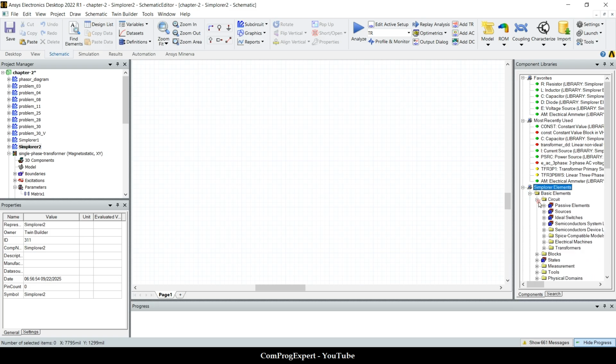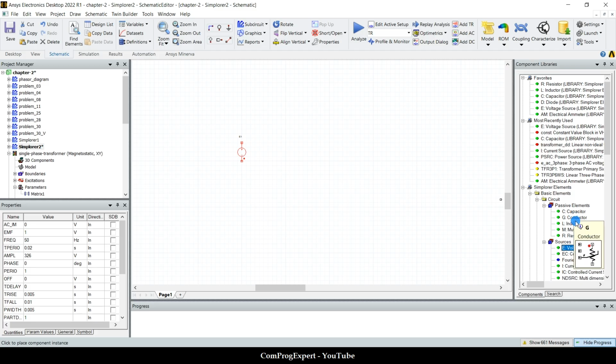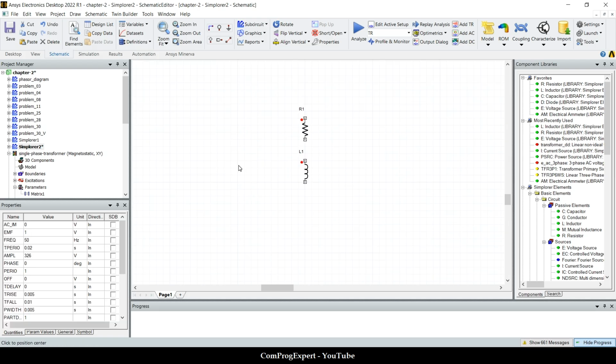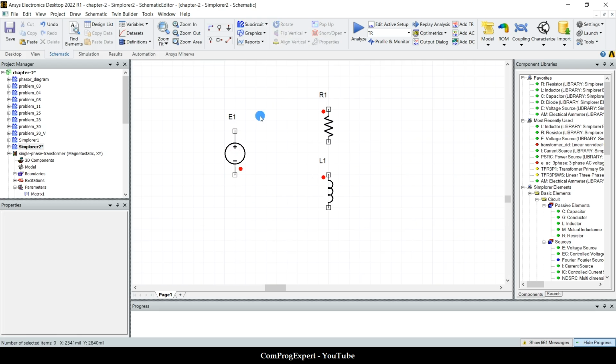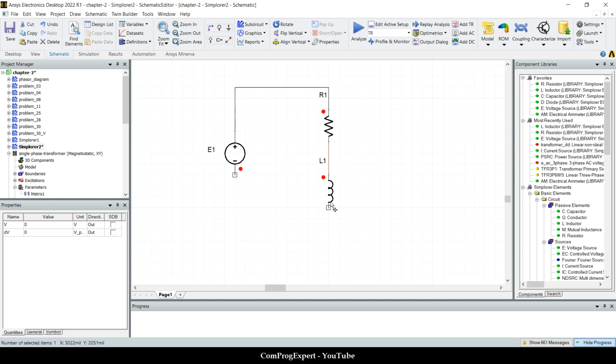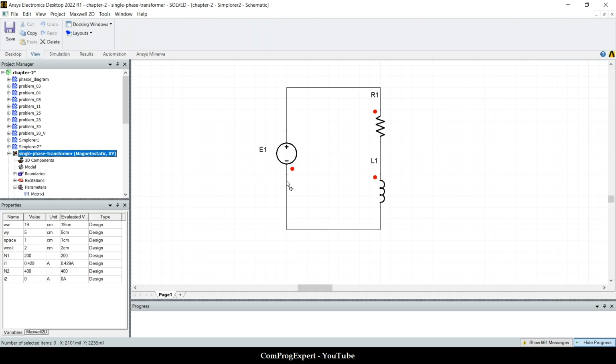From the basic elements, we need a voltage source, a resistor, and one inductor. So here, let's do the connections. Yes, this is the equivalent circuit model of this magnetostatic problem.